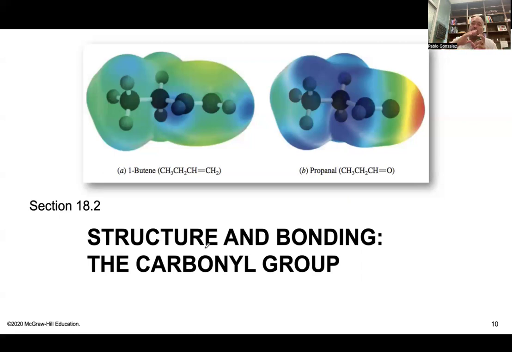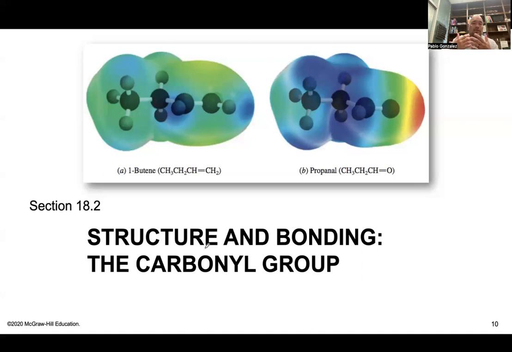We have a double bond between carbon and oxygen. Of those bonds, one is a pi bond and the other one is a sigma bond. Also, the hybridization of this carbon is sp2 because it has a double bond. That means that because it's sp2, the geometry of this part of the molecule is planar, it's flat.